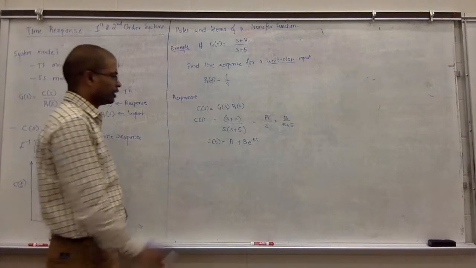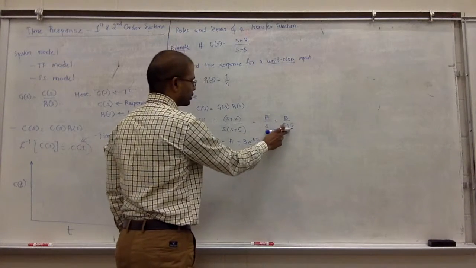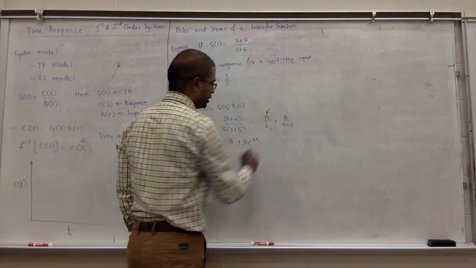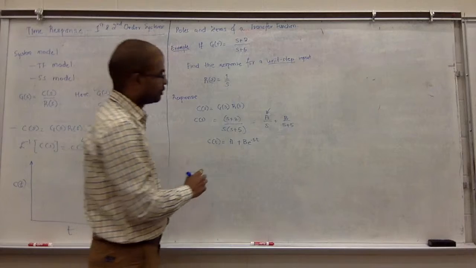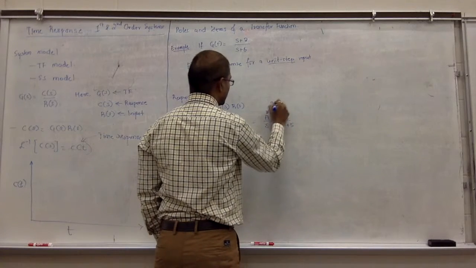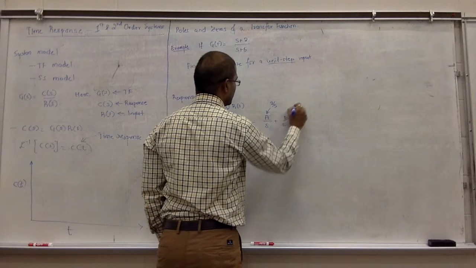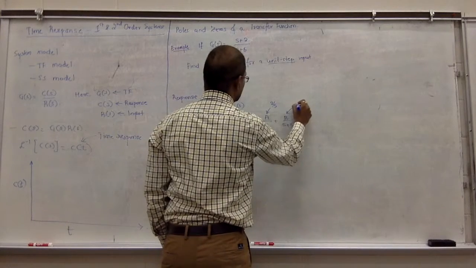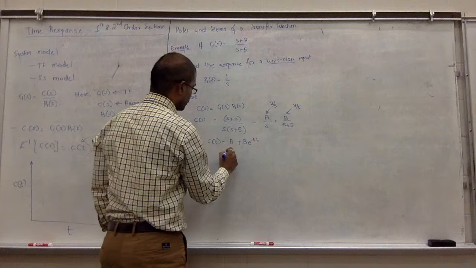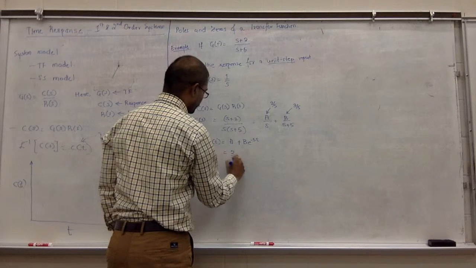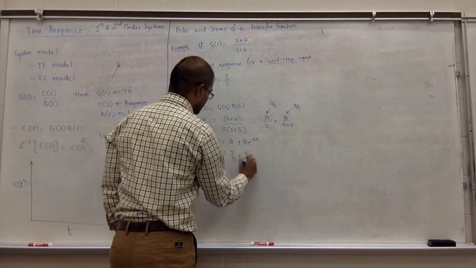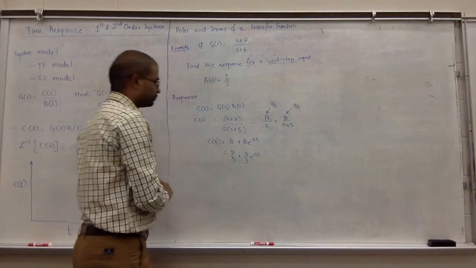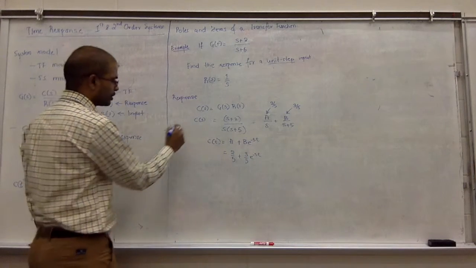If you actually try to solve, this is a partial fraction expansion. If you actually solve for A and B, your A will turn out to be 2 over 5. Okay. And B will turn out to be 3 over 5. This would just simply be 2 over 5 plus 3 over 5 e to the power of minus 5t. So just compare these two.